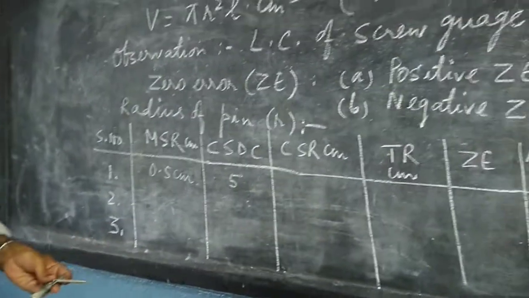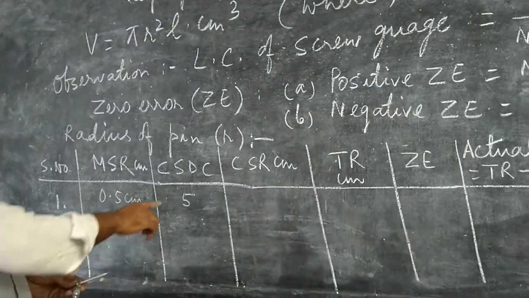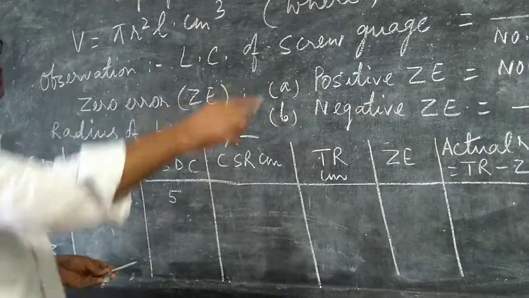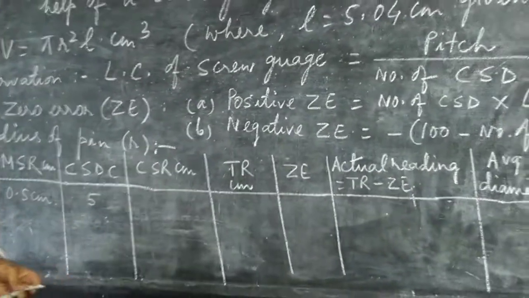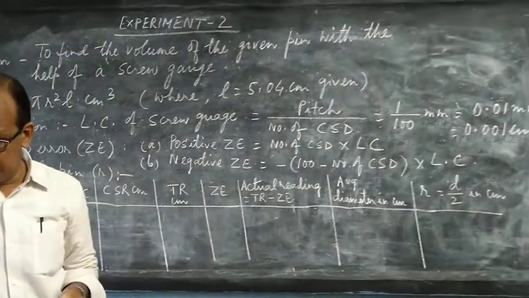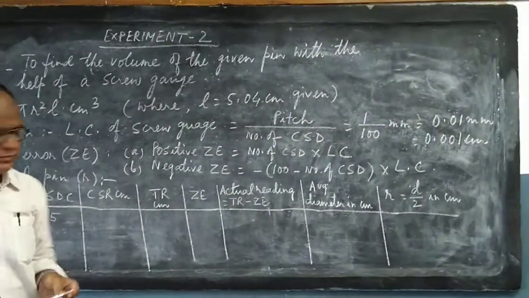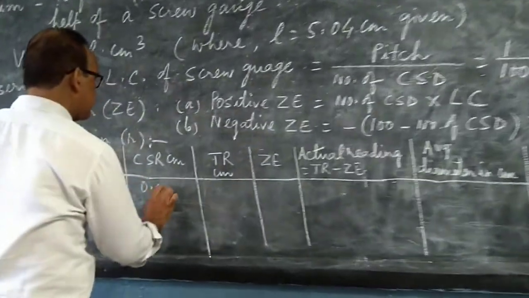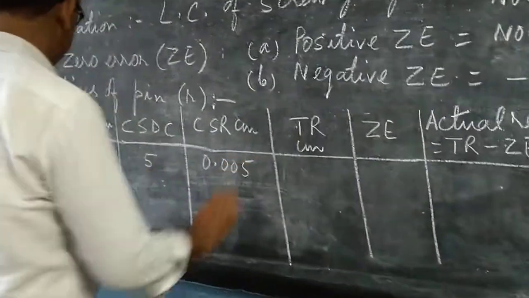Now the circular scale reading is CSDC, circular scale division coinciding, into least count. When we multiply with the least count, it will come to 0.0057.